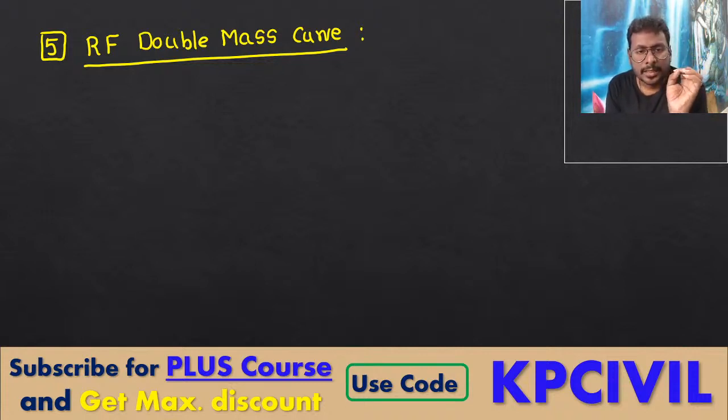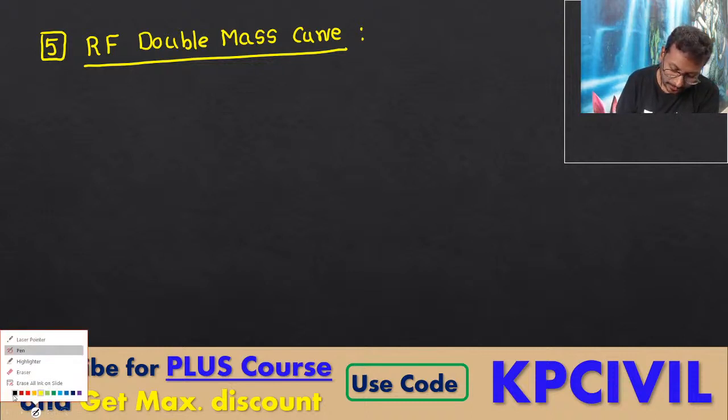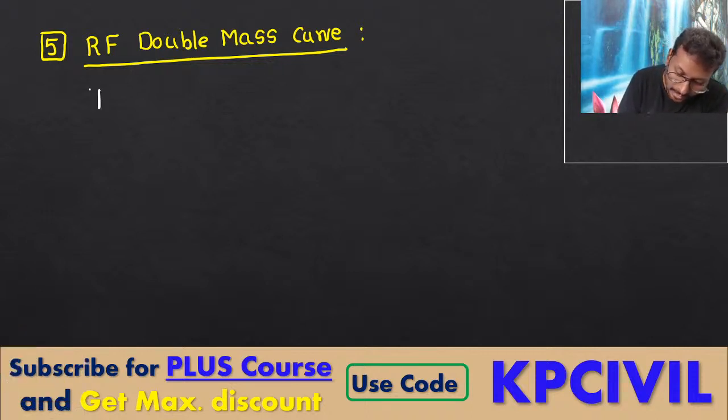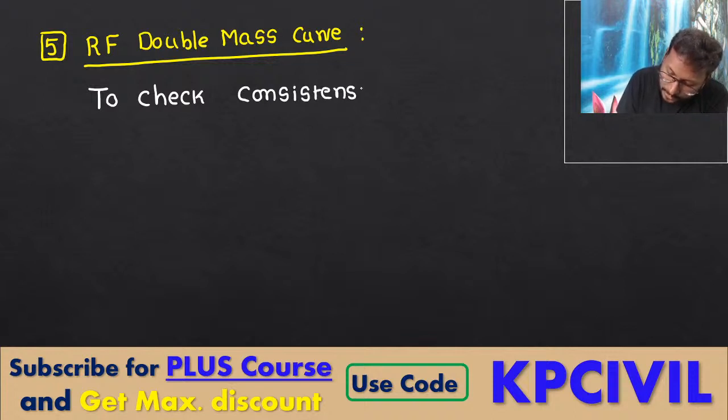Second one is, rainfall double mass curve is required to check the consistency of rainfall record.